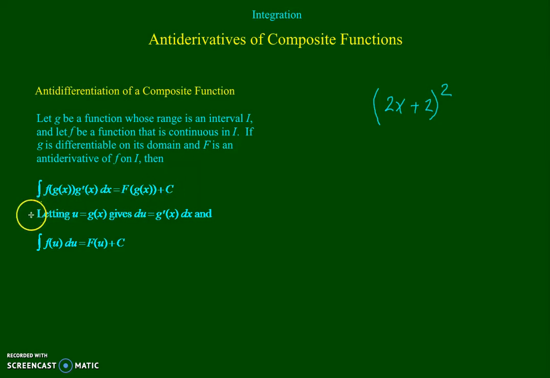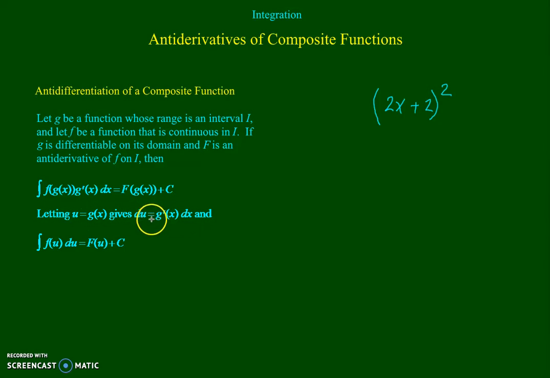Now, there's going to be another process involved here that's going to be very helpful for us. We're going to call this u substitution, where you can take your g of x, the inside function, and assign that to u arbitrarily. And taking the derivative of both sides, you would have du equals the derivative of g with respect to x. This is the differential form of the derivative of g of x.